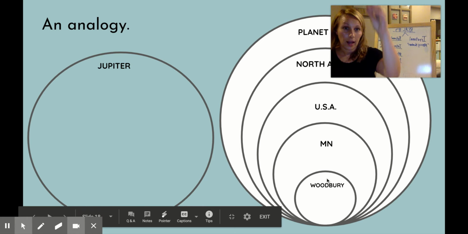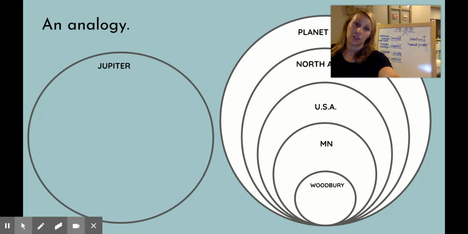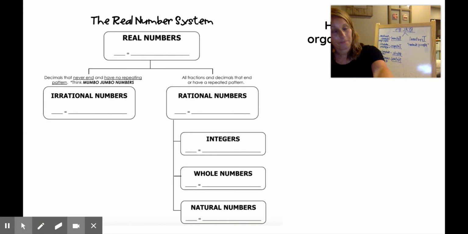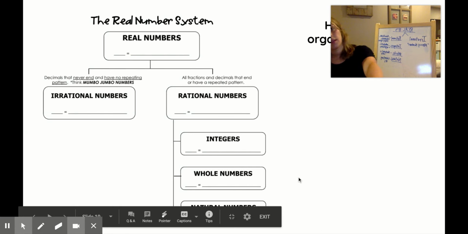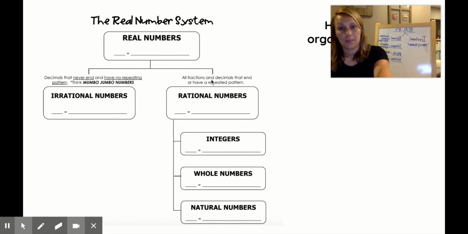And so it kind of works one way but not the other. And that's true for the real number system as well. And so the definition given here, all fractions and decimals that end or have a repeated pattern, that's really important. I said fractions, decimals, perfect squares. And so maybe jot that down beside it.